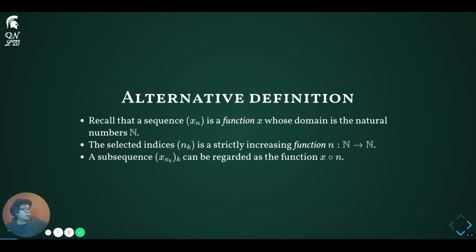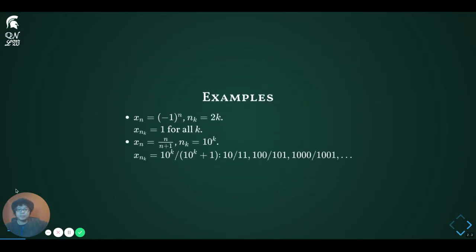Let's start with a few simple examples. In the first example, the original sequence x_n is given by (-1)^n. If we choose the selection function n_k equal to 2k, then the corresponding subsequence x_{n_k} is equal to 1 for every k.